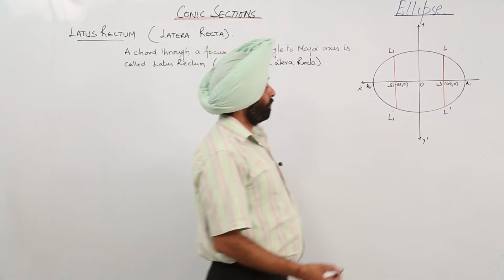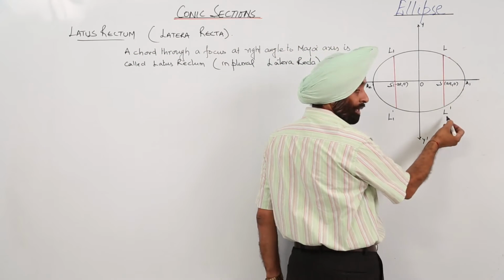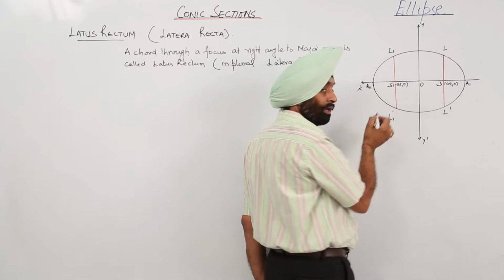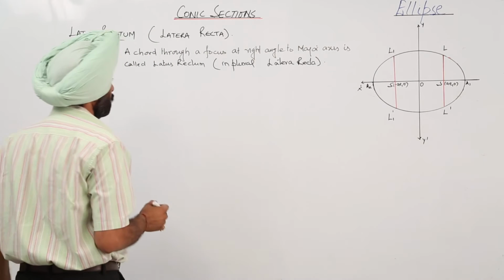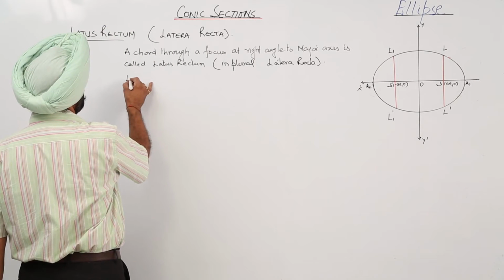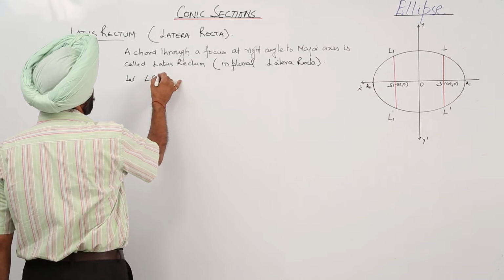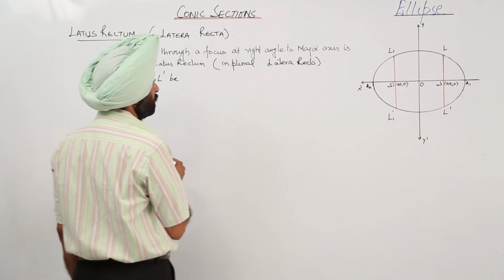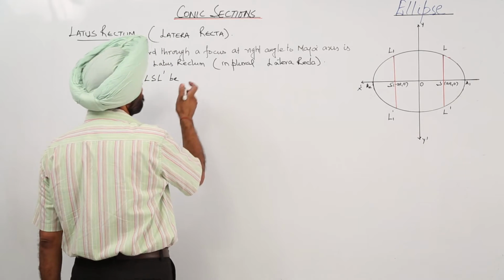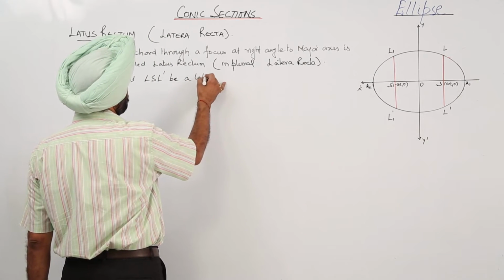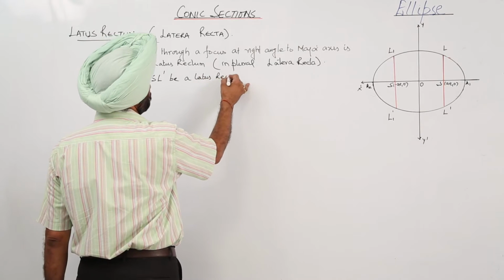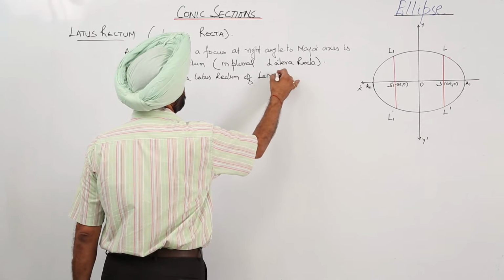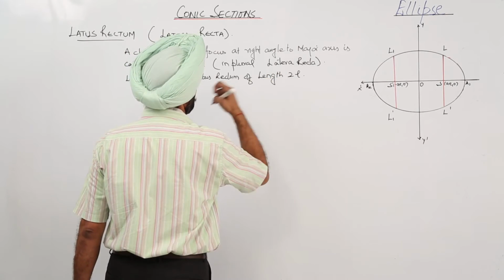Now here we are having LSL dash as a latus rectum, or L1, S dash and L1 dash as a latus rectum. Now let LSL dash be latus rectum of length 2L.